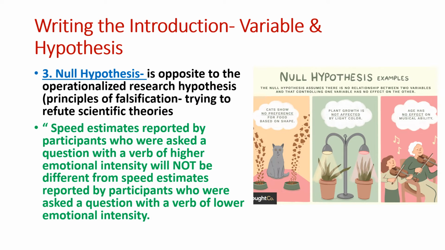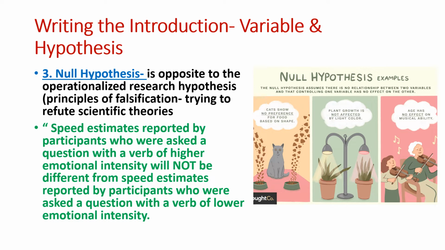In the null hypothesis, which is the last thing that you write in the intro, it's the opposite of the operationalized research hypothesis. And again, that's based on our principles of falsification. So an example that doesn't use no significant difference, but you could do it as it says in the yellow book, is: speed estimates reported by participants who are asked a question with a verb of higher emotional intensity will not be different from speed estimates of those with a lower intensity.